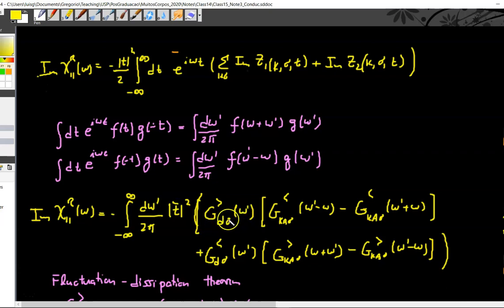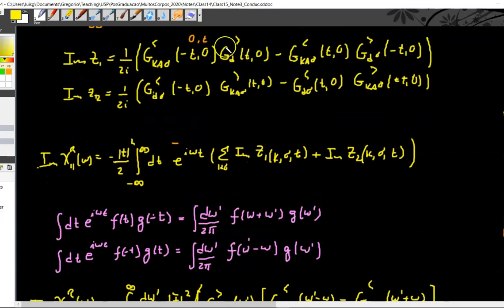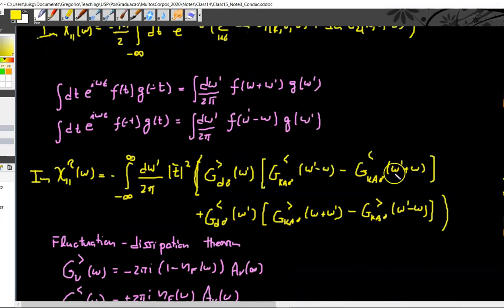And then I'll have g of omega prime, say like this one is greater, so it came from g1, z1, right? t and minus t. One is going to be omega plus omega prime. The other is going to be omega minus omega prime. So there's the lesser k sigma. Same thing for z2. Okay? So we're almost there.